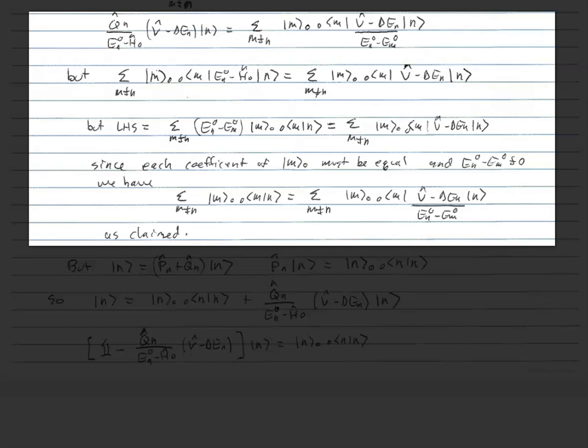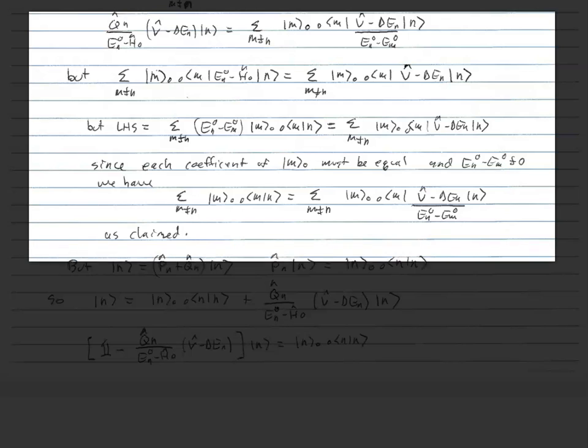What we're showing here is that because every term in the sum, term by term, must equal each other, I can then divide each term by that coefficient, En0 minus Em0, and then we get the result that we claimed we could get. So these are all showing different ways that you can verify that fundamental equation.